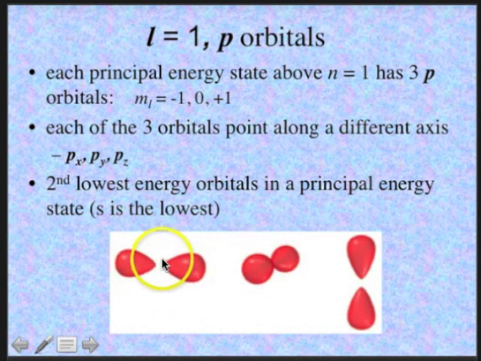At the center, one would find the nucleus of the atom and 0 probability of finding an electron. In an actual atom, these 3 orbitals would be superimposed on one another. They're just separated here so you can see them clearly. This is the second lowest energy orbital in a principal energy state. S is the lowest energy level.